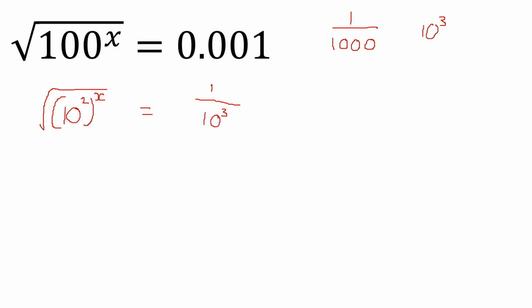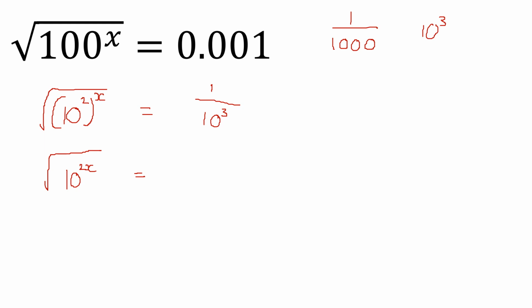So we're getting closer to where we need to be, but we haven't dealt with our indices completely yet. So let's look back at our left hand side. Let's multiply out our brackets, get rid of the brackets, we don't want them there. So we've got the square root, but we've got 10 to the power of 2 all to the power of x, so we can write that as 10 to the 2x.